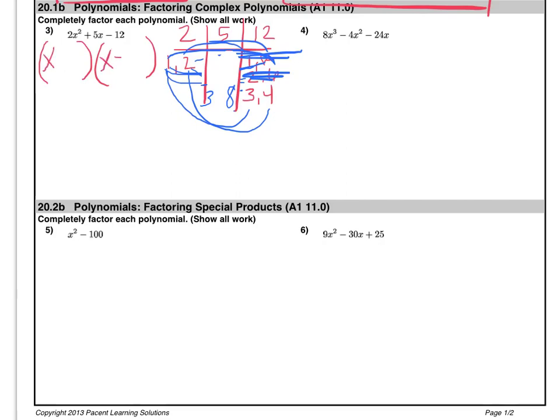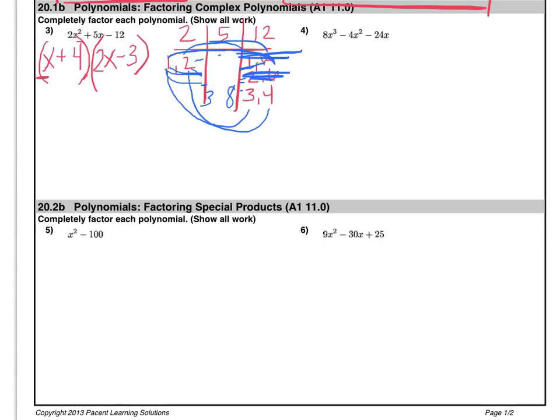I'm going to put my negative 3 here, which leaves this term as my 1x. And then I'm going to put my 2 on my other front, which I left no space for, so let me quickly rewrite this. And put my 2x in there. And then I know that I need a positive, and we know that it's a positive 4.